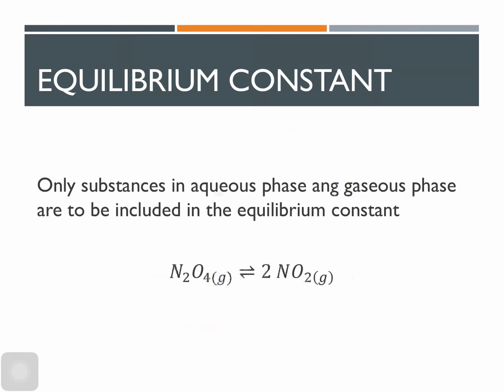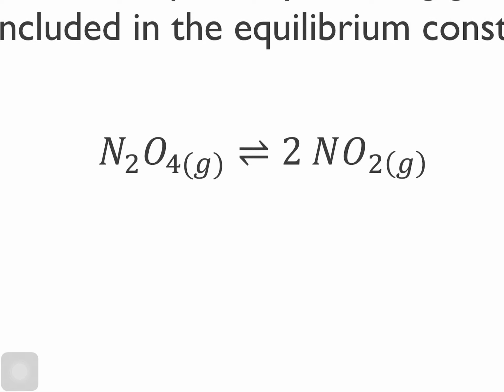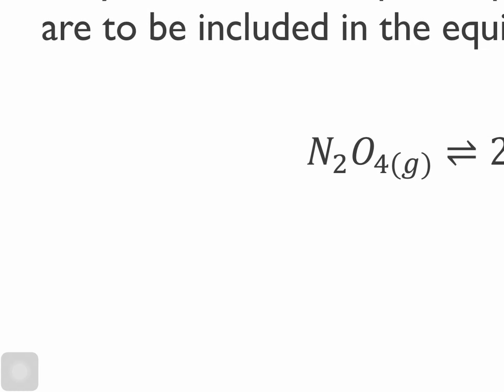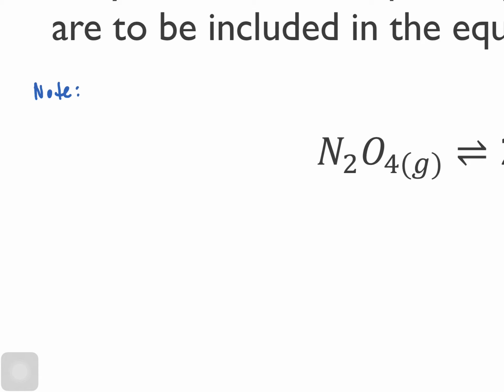Above this one, we have a reaction in the gaseous phase. We have N2O4 in equilibrium with 2 NO2, all in the gaseous phase. How are we going to write the equilibrium constant for this? Just a tip: if your substance is in aqueous phases, you can write Kc only, no Kp.